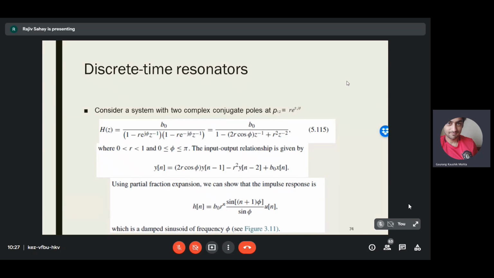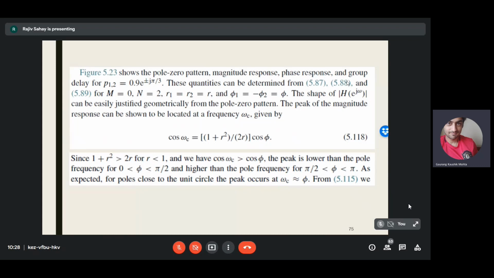Okay, shall I move ahead? Yes, sir. We'll see the pole zero pattern and the magnitude response, phase response, and group delay for a particular example where r is equal to 0.9 and phi is equal to pi by 3. So we have two poles, 0.9 e to the power plus minus j pi by 3.